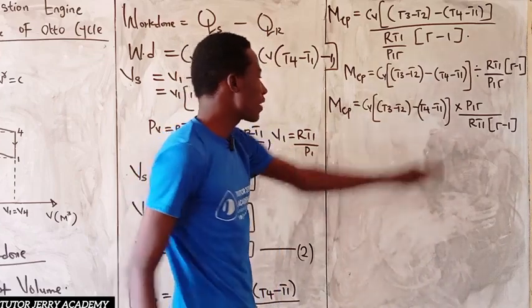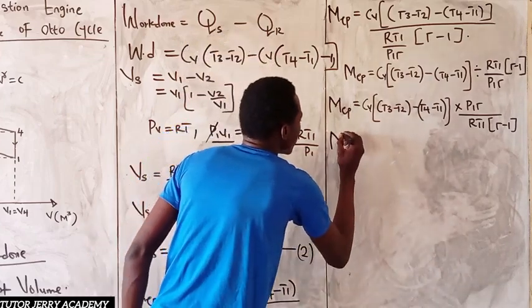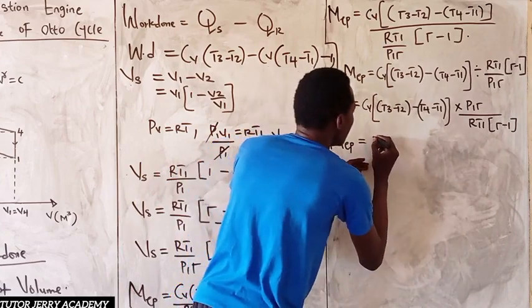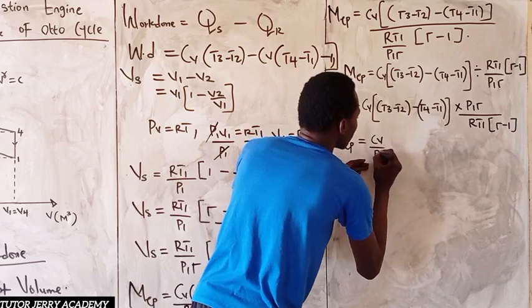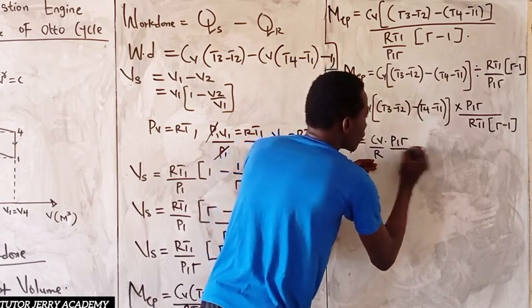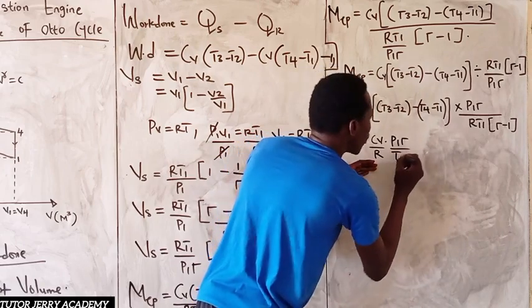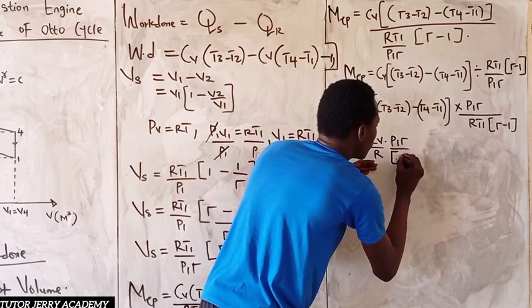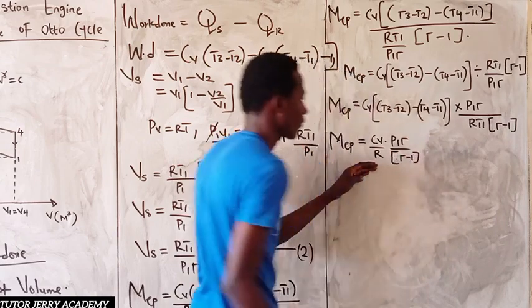So I can further rewrite this: my mean effective pressure is equal to CV all over R multiplied by P1 compression ratio all over the bracket of compression ratio minus 1.